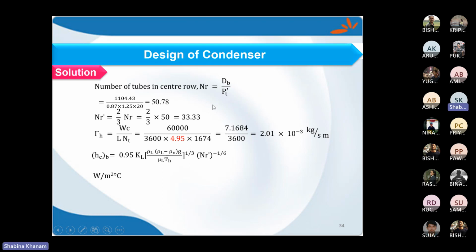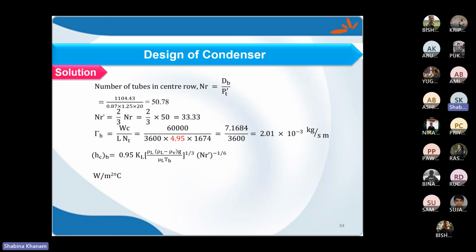So in that case, which expression do you need to use? You need to choose this particular expression which is given by Nusselt for a horizontally placed condenser where condensation is occurring in the shell side. So this expression you need to choose.